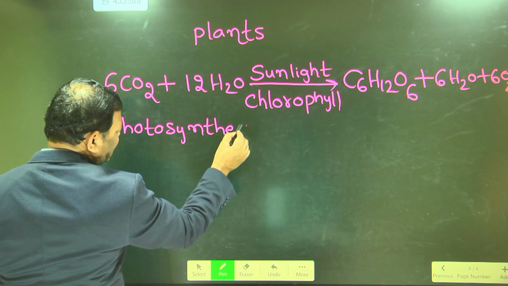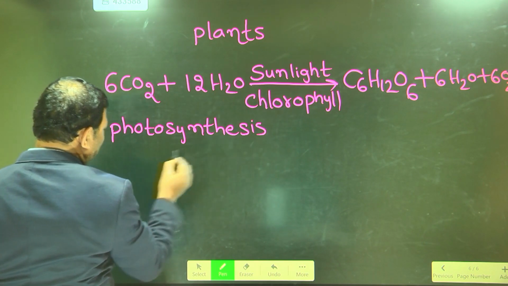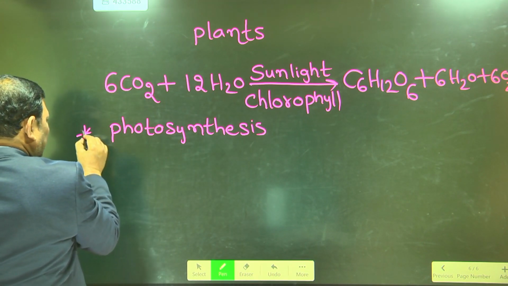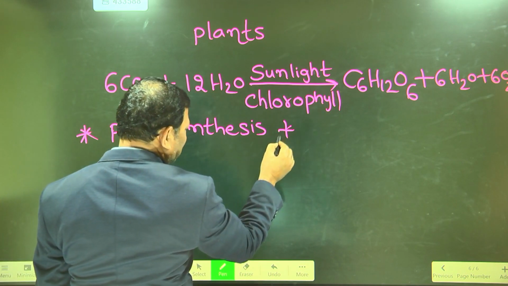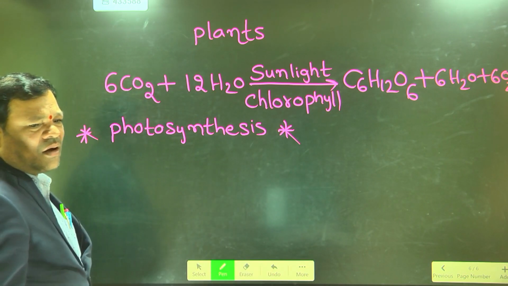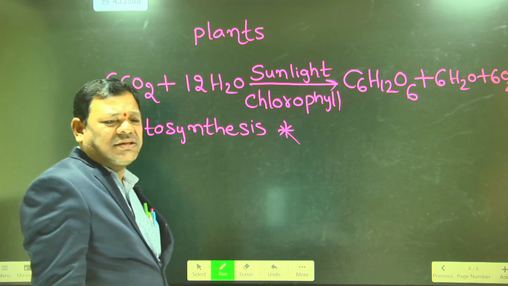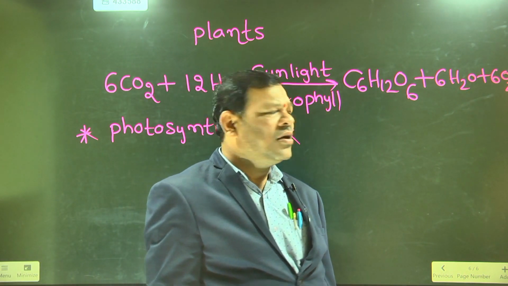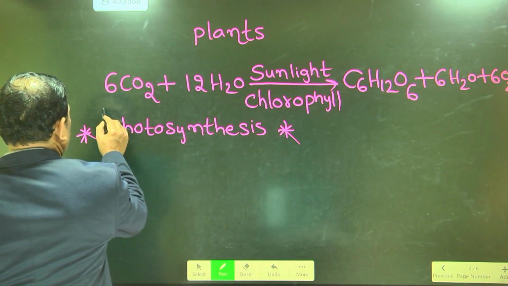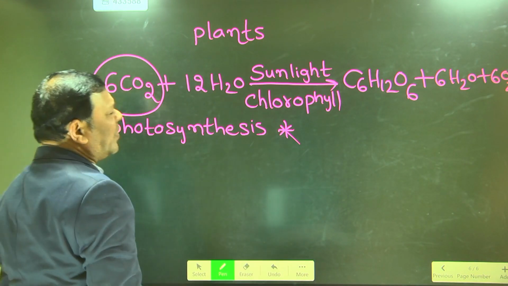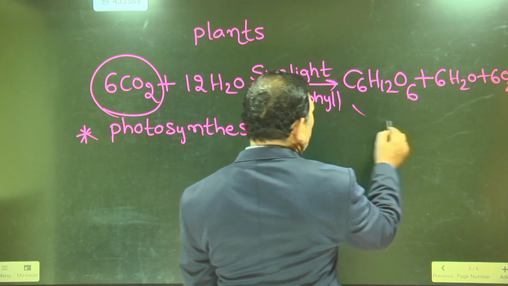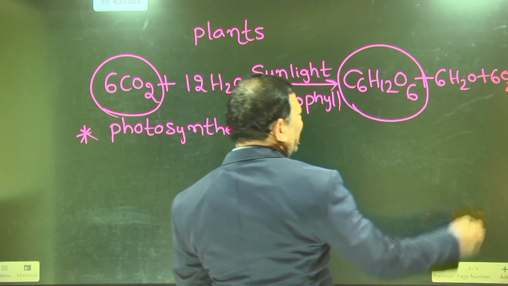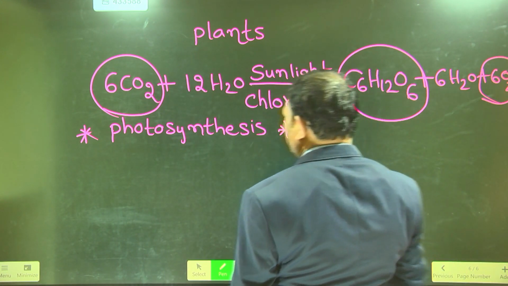Photosynthesis is an important life process, because food is prepared in the photosynthesis mechanism. So the food making process in plants is called photosynthesis. In photosynthesis, green plants absorb carbon dioxide and prepare their own food, and they release oxygen.